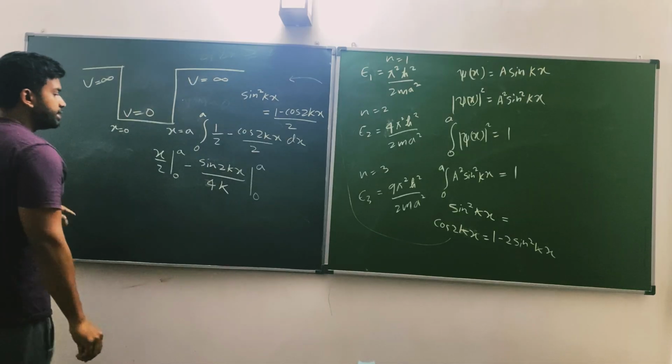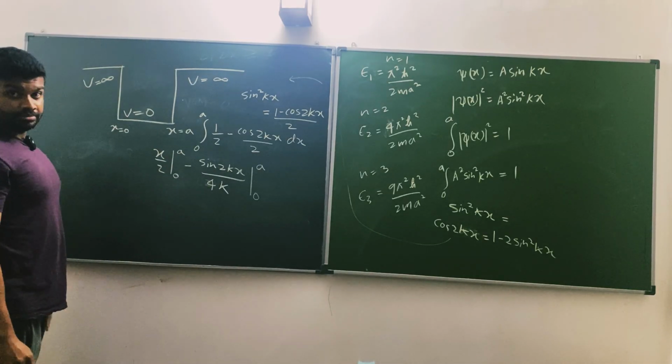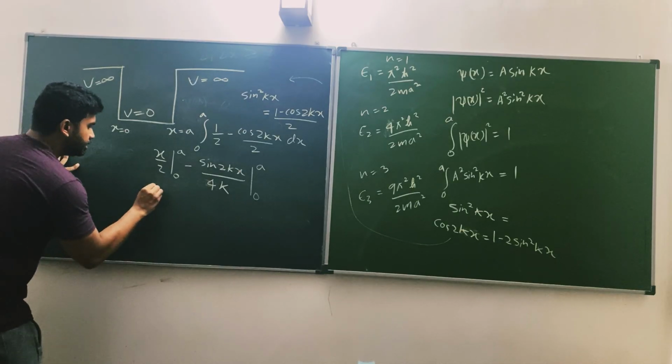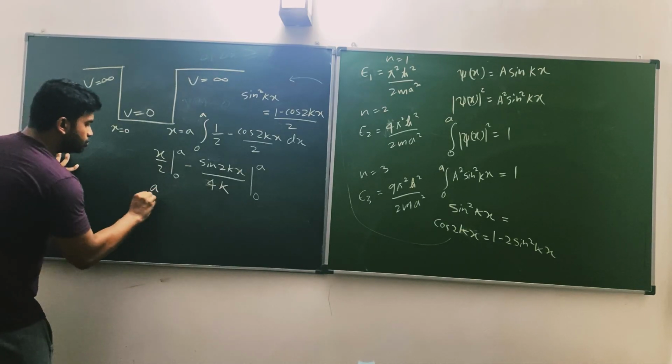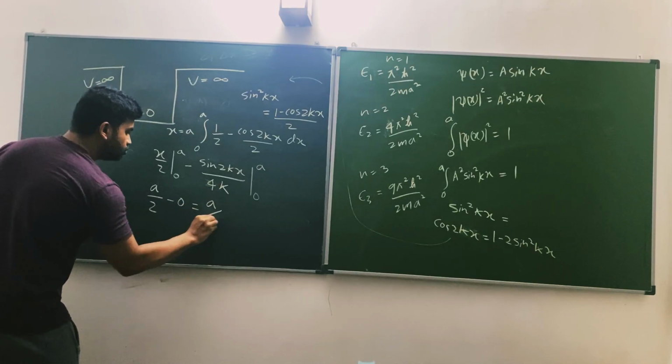So now I can mention that this is the one which is going to be retained at the end of the day. So this is a over 2 minus 0, that's a over 2.